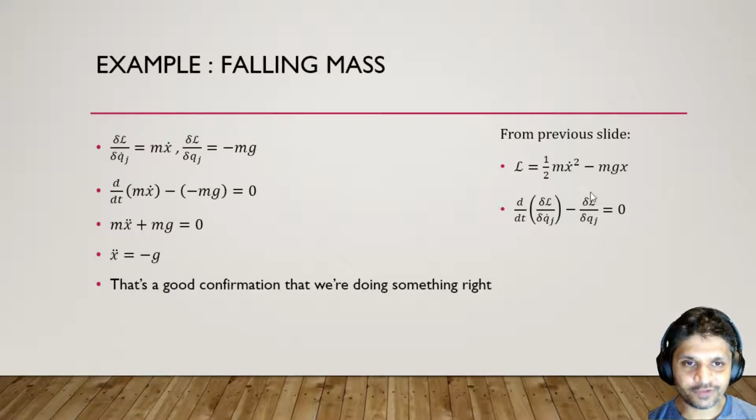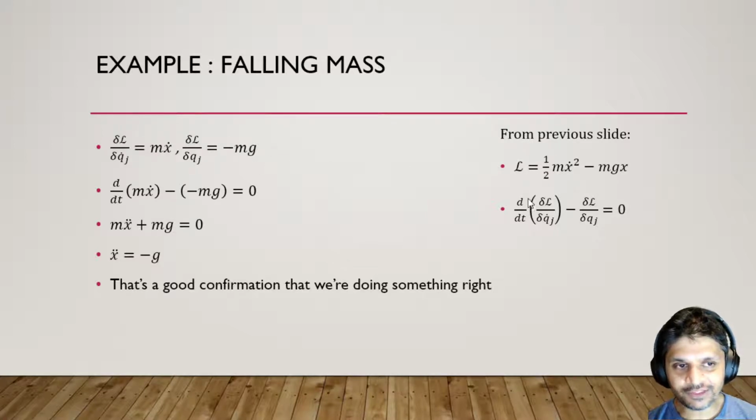For this term, the partial derivative of the Lagrangian with respect to state, this term doesn't have any x variable in it, so it just becomes zero. And we're left with minus mgx. If we take the partial derivative with respect to x, we get minus mg. So we've got these two terms.